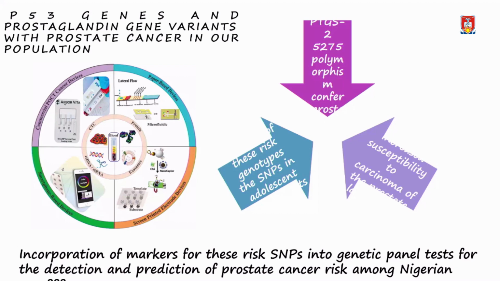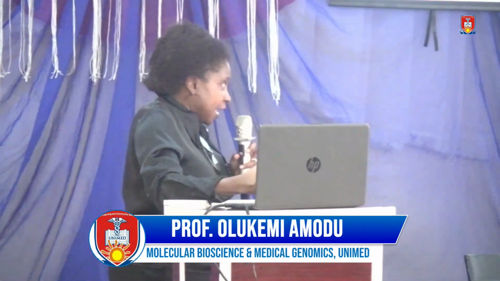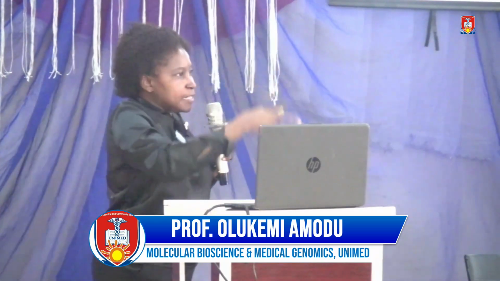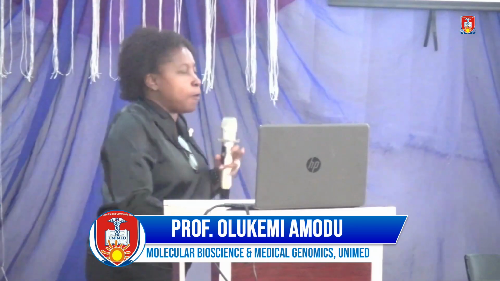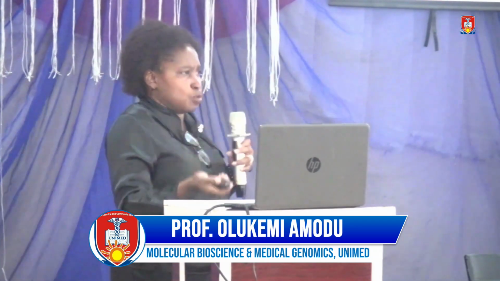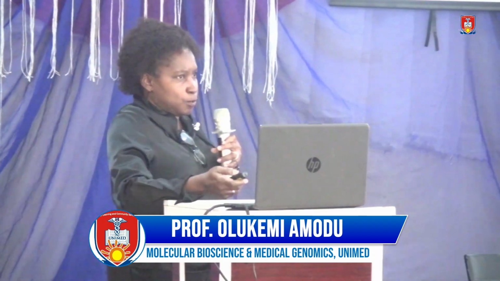And so he now said, if we can find genes that are associated in our own population, is it possible for us to develop our own kits so that it's easier to quickly identify if a man has prostate cancer or not? Because they found out that the PSA levels were not working anymore for our own population. So you can see that there's a lot that we need to do, a lot we can do.